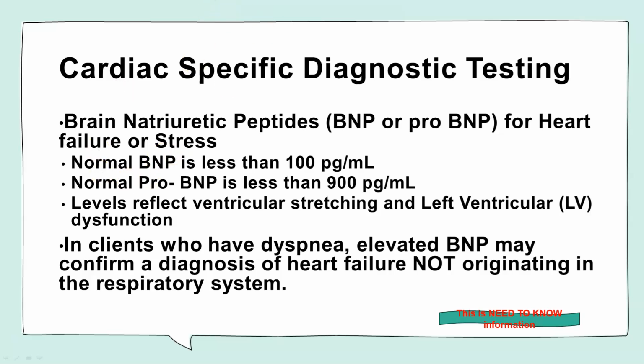You need to understand that a normal BNP, a B-type natriuretic peptide, is less than 100. There is another one out there called a pro-BNP, and that level is going to be 900. However, on the NCLEX, or if I'm going to give it to you, I'm probably not going to ask you to differentiate between 100 and 900.